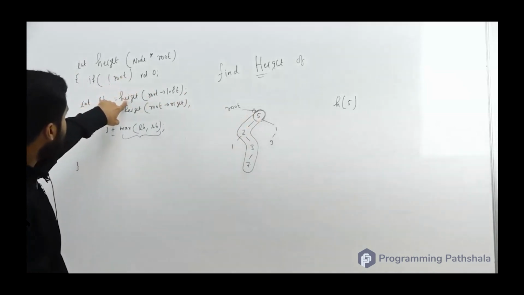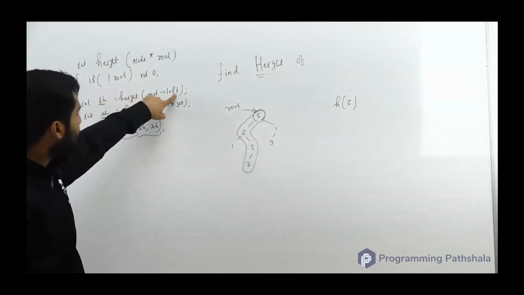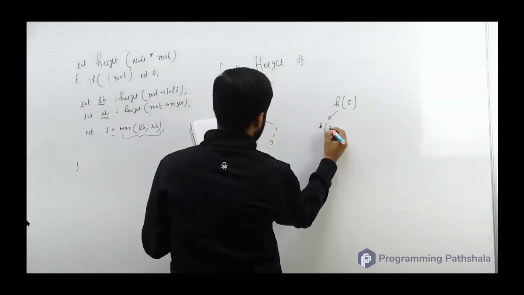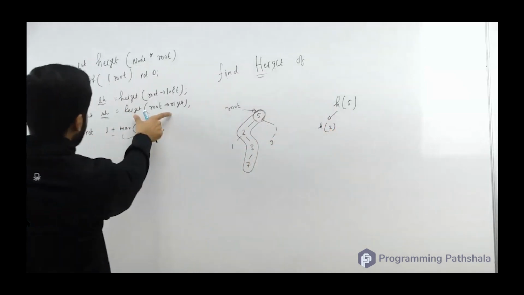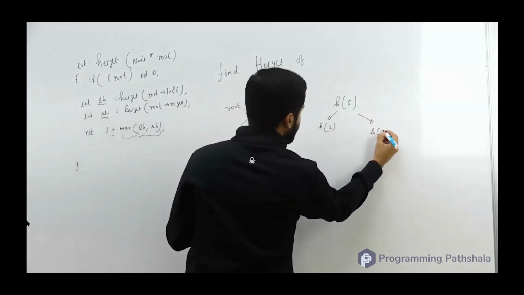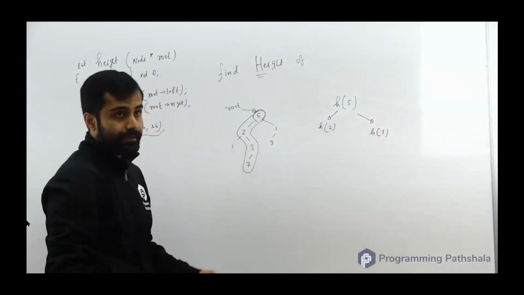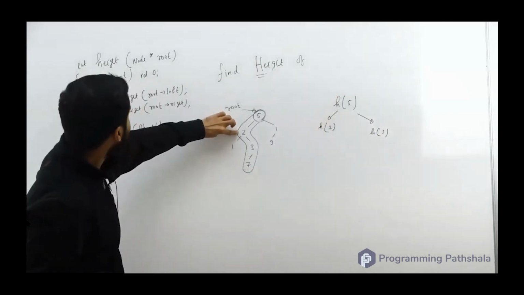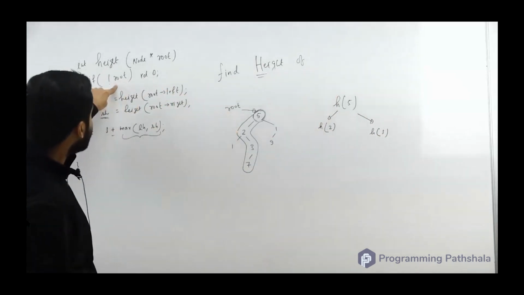Coming here means you will invoke the call on the left child of 5. So you will call the height function for 2. And here you will call the height function for 1. Okay. Now we know how recursion works. You come from here to here. So now you are at this particular node. This particular node again is not null.